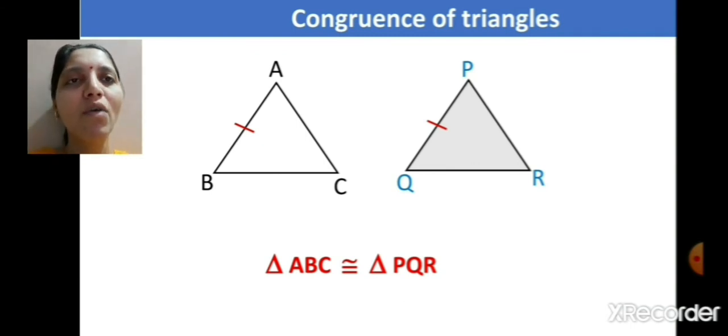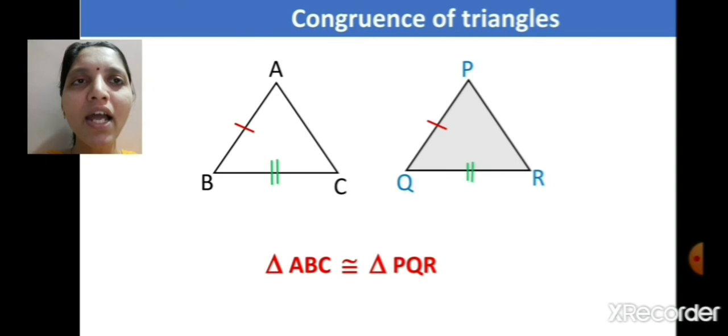So here, what is correspondence? Vertex A corresponds to vertex P, vertex B corresponds to vertex Q, and vertex C corresponds to vertex R. So we can say that side AB is congruent to side PQ, side BC is congruent to side QR, and side AC is congruent to side PR.